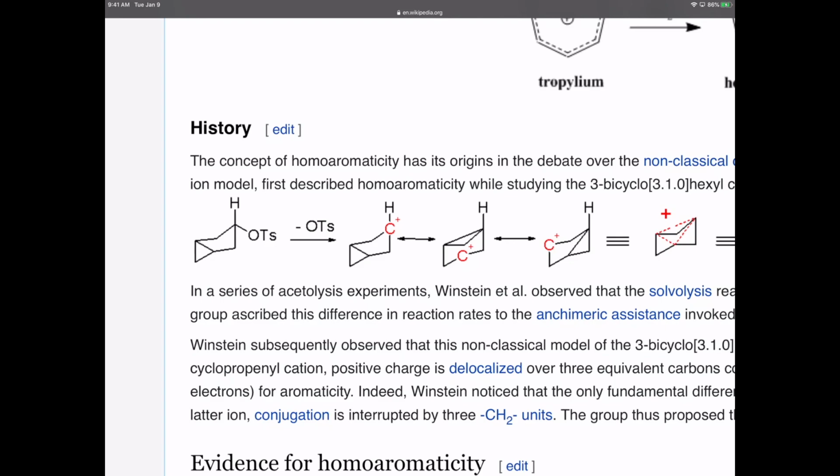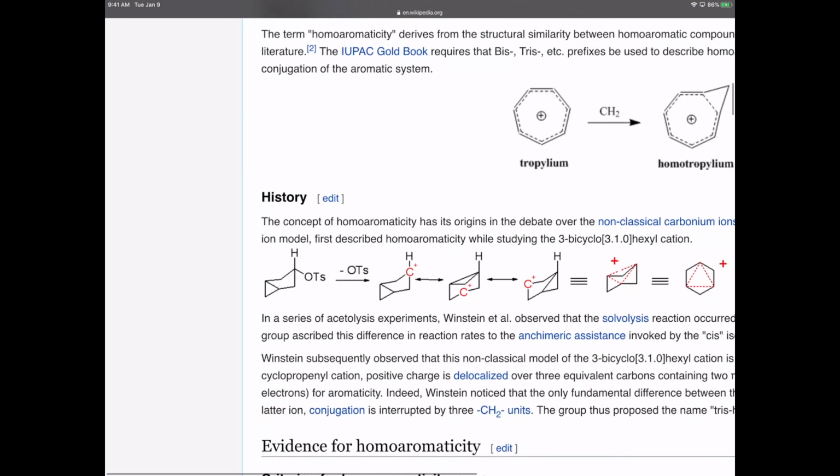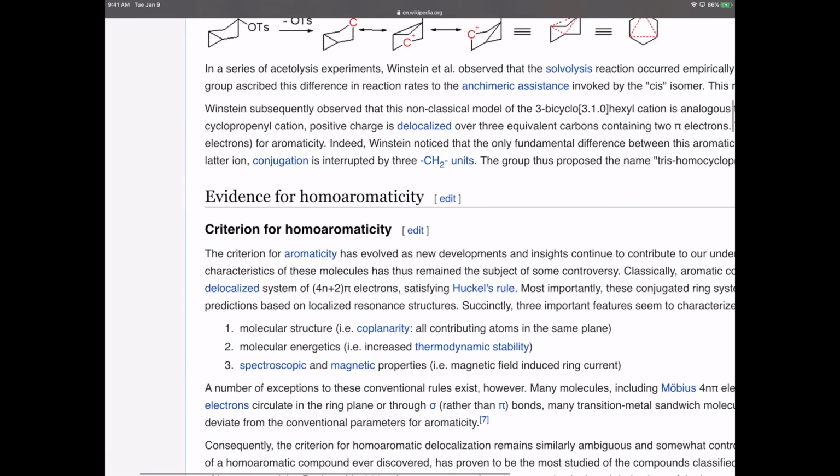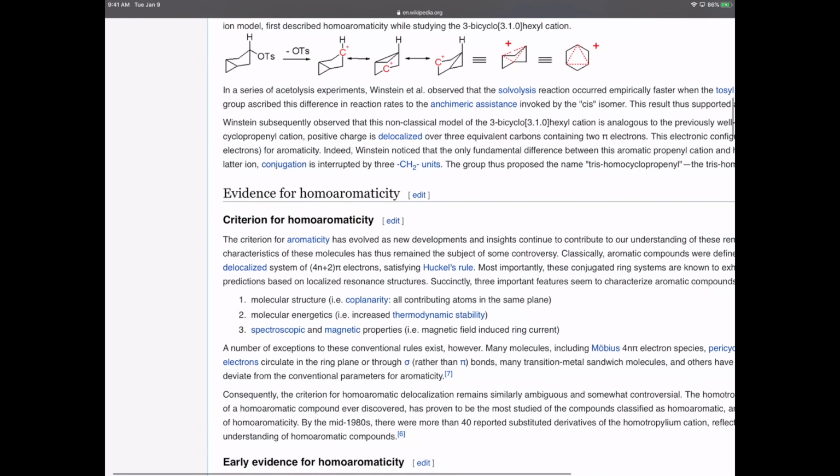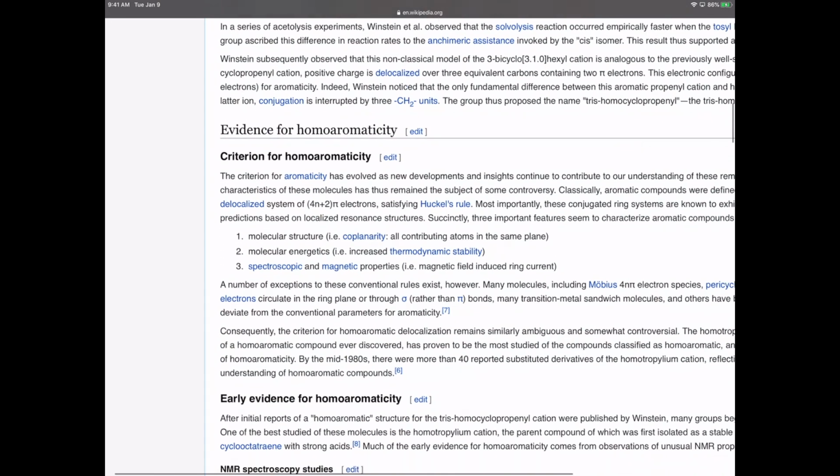It's like you've almost got a cyclopropane type system, and there's evidence for aromaticity there. It looks like they're looking for coplanarity if you've got a structure, measuring stability, and then NMR.